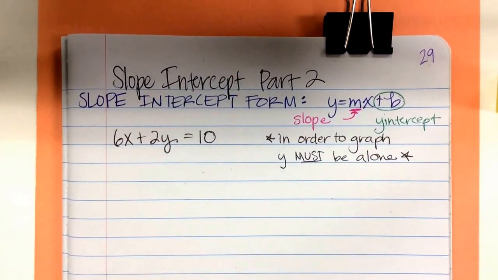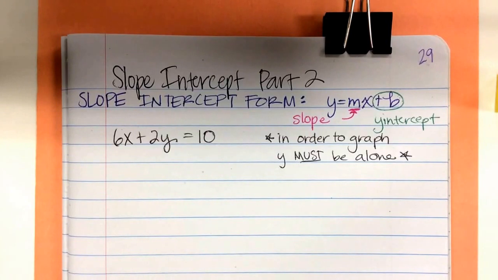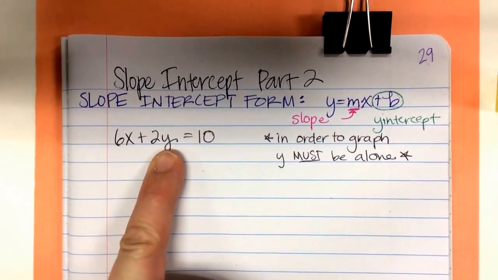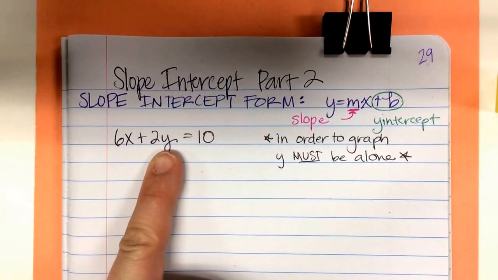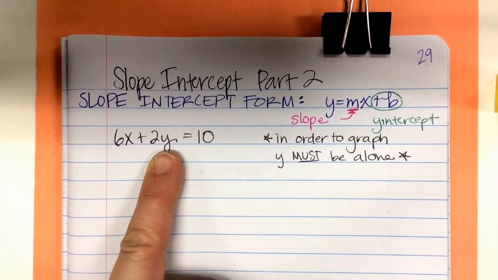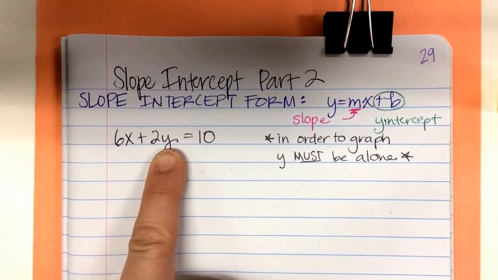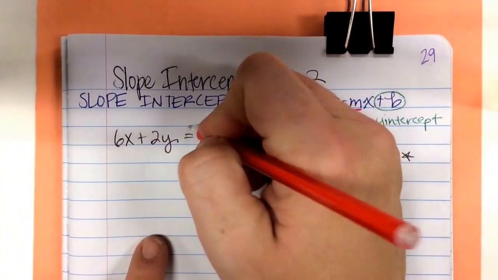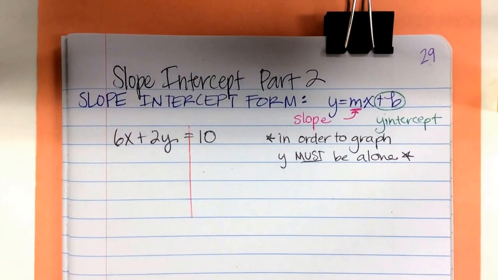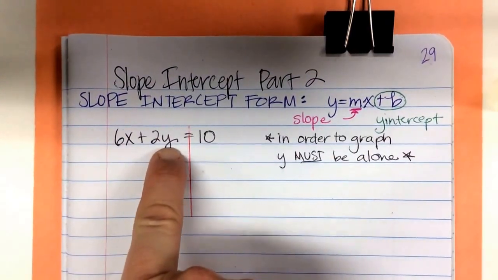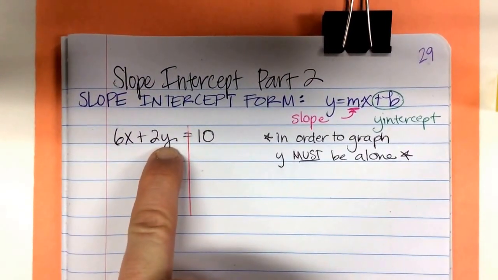So it's a good thing we've been practicing algebra, because do you have the skills to get y alone? Have we done problems like this before? Yeah, we've done a bunch of them. If I draw a line down the equal sign and I want y alone, our brain automatically starts thinking, what's being done to the y?